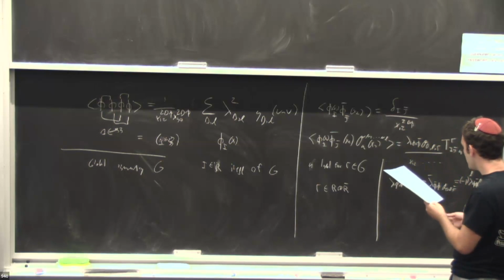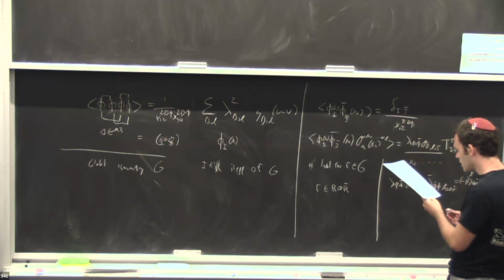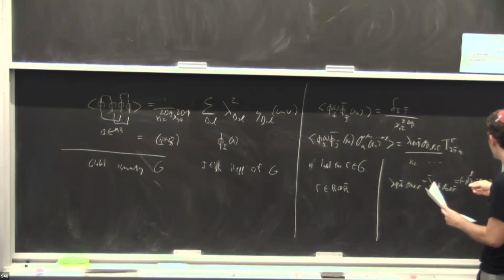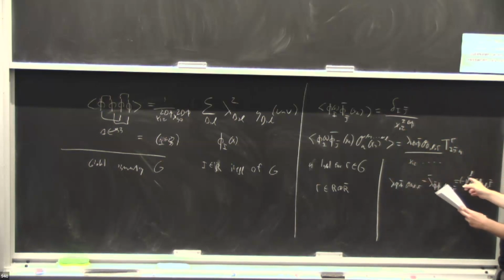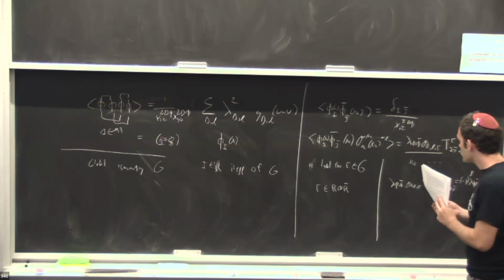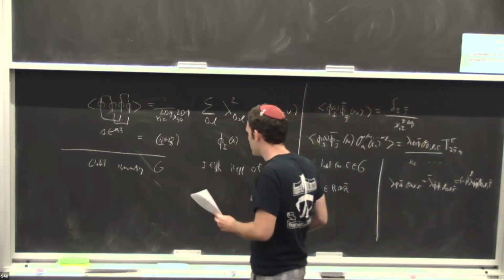In particular, if the representation little r is real, then the OPE coefficient would be real when the spin is even, because this is the same thing as its conjugate, and it would be pure imaginary when the spin is odd, because then you have a minus sign. On the other hand, if representation little r is complex, then the OPE coefficients would just come in complex conjugate pairs. Okay, so this is one 3-point function which we consider.